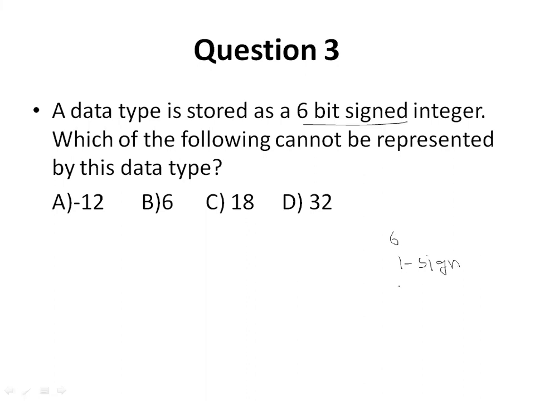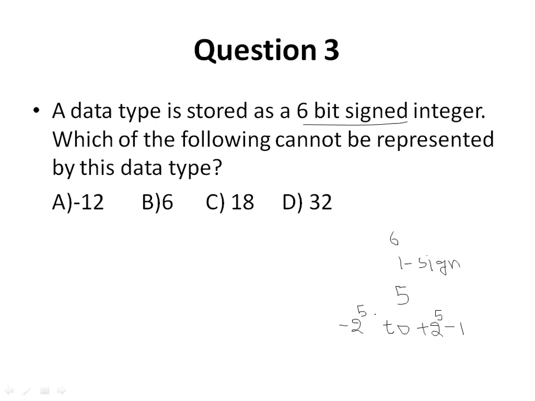So how many bits are remaining? 5 bits are available for storing the number. So the range of values, what is the formula we have given? It is minus 2 power 5 to plus 2 power 5 minus 1.